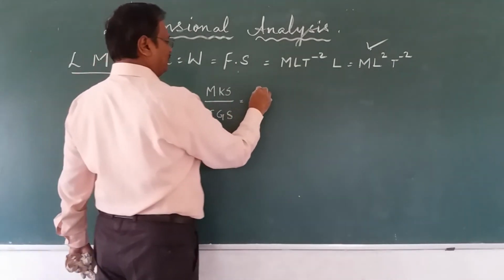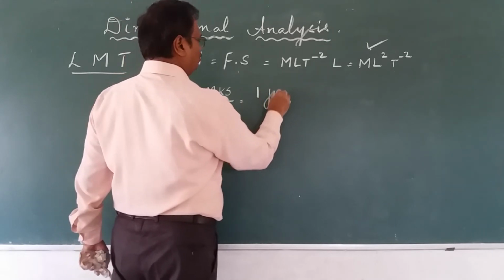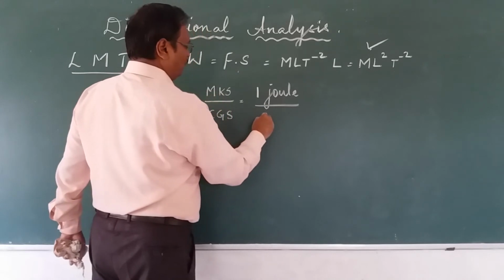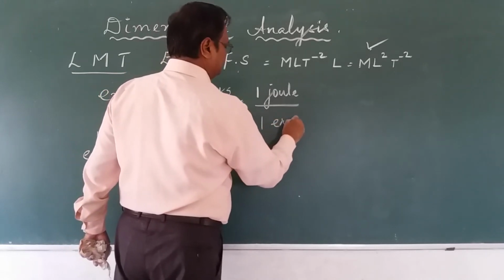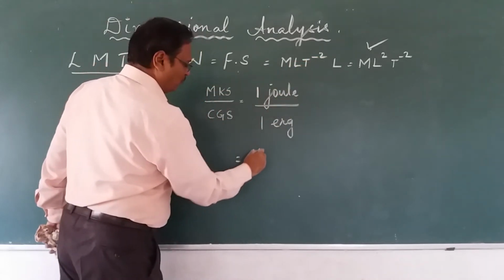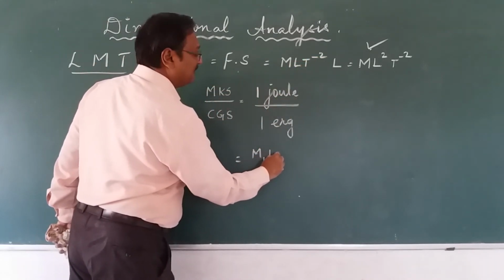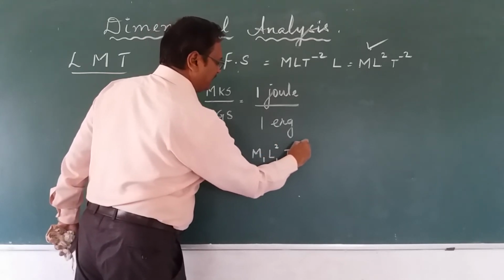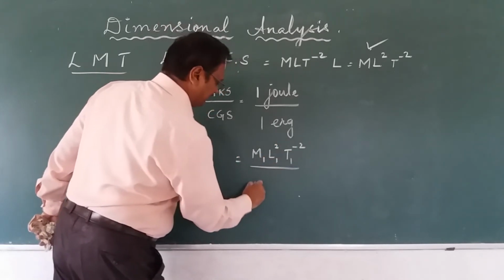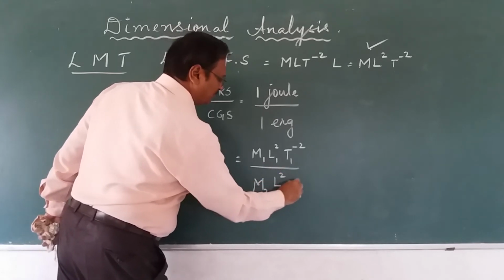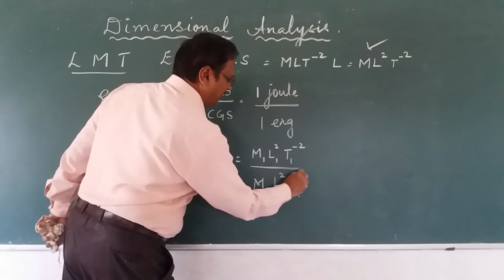MKS system: 1 joule, James Prescott Joule, upon 1 erg. That is equal to M1 L1 power 2 T1 power minus 2, divided by M2 L2 power 2 T2 power minus 2.